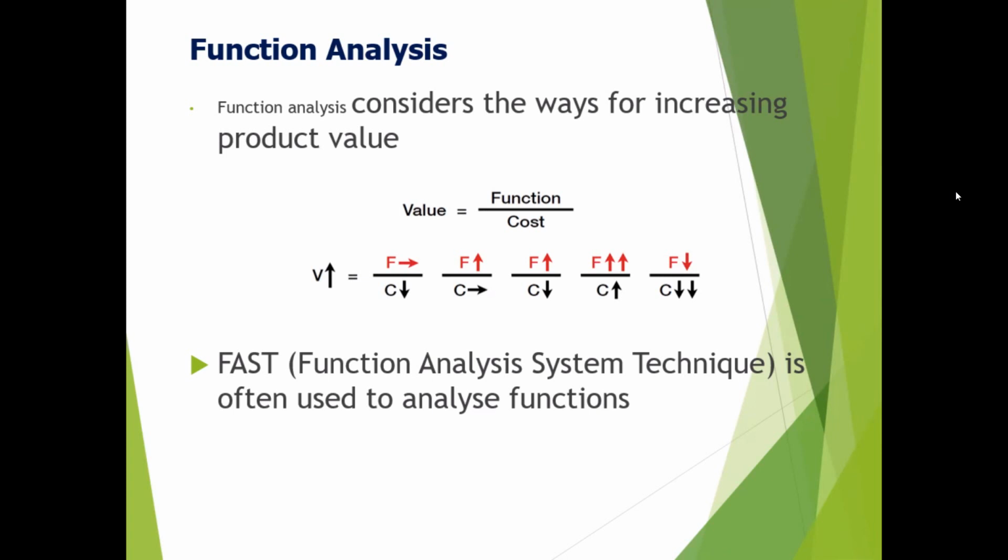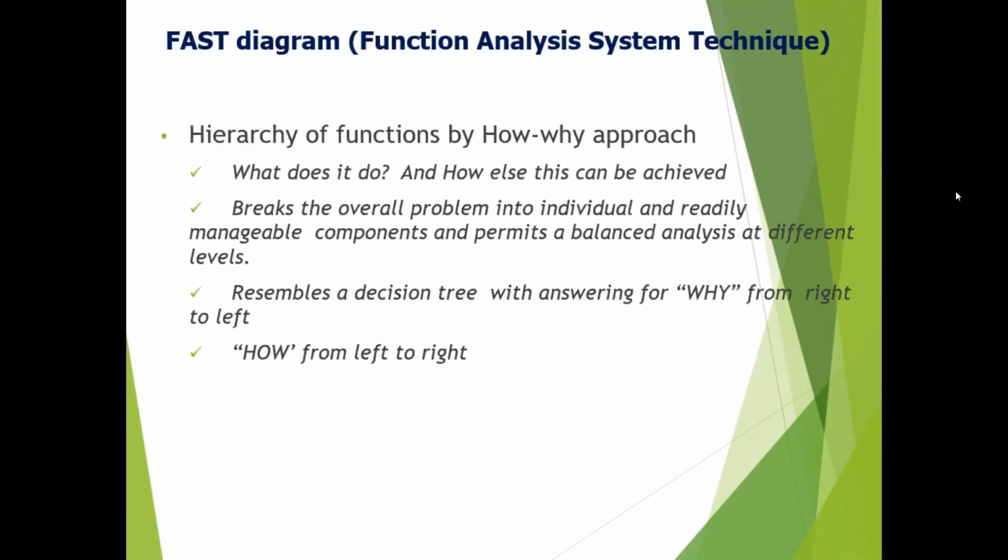Okay, so to analyze the functions of a system or product or whatever, we use the functional analysis system technique, the FAST diagram it's called. That gives a systematic way of analyzing the functions in a system, or a project, or a product, or anything, right?